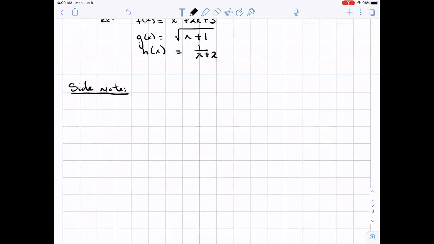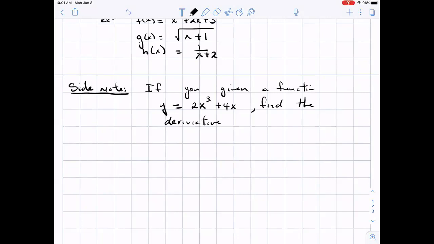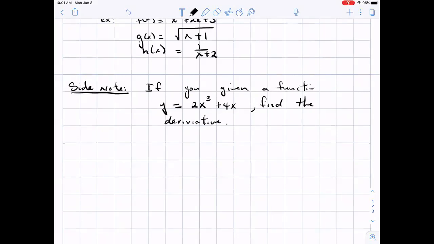So when you are given a function y is equal to 2x cubed plus 4x, and you are asked to find the derivative of this, what we usually do, we say y prime or dy dx, okay?